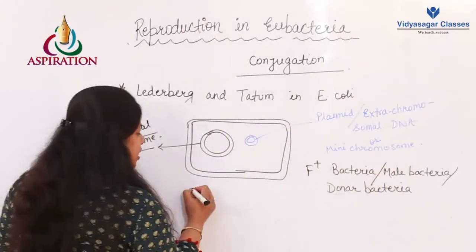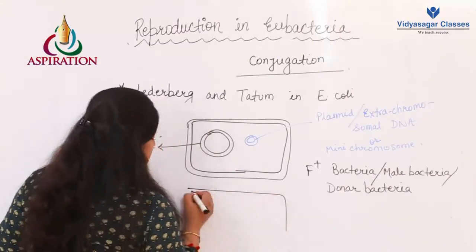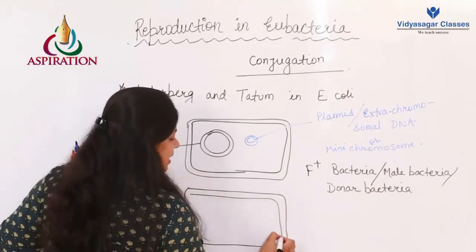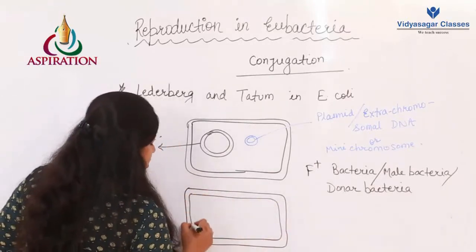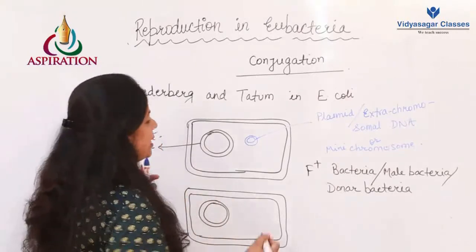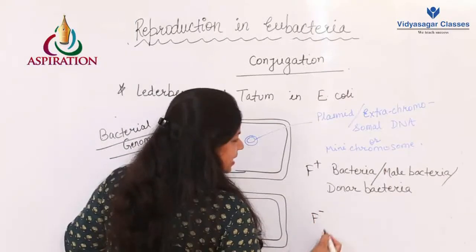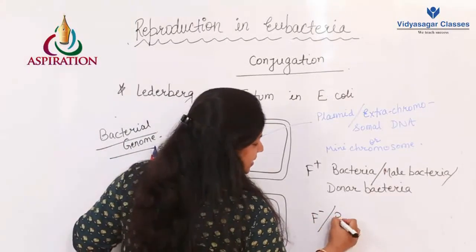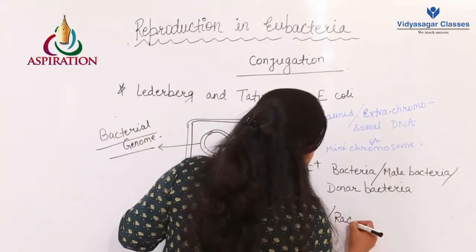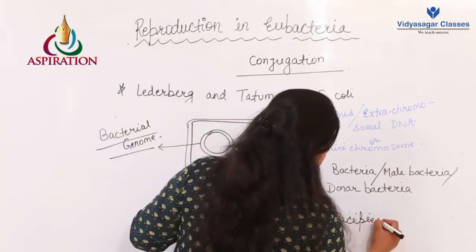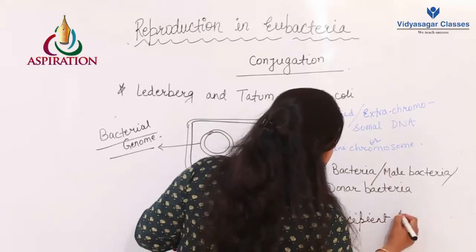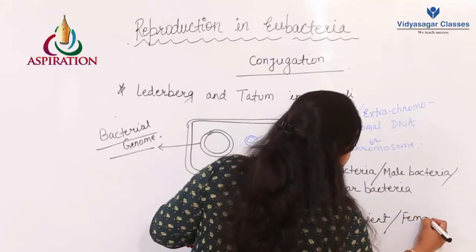The bacteria which does not have the plasmid is known as F minus or recipient or female bacteria.